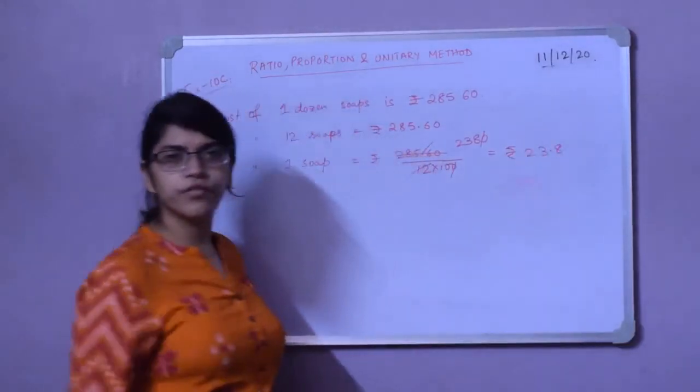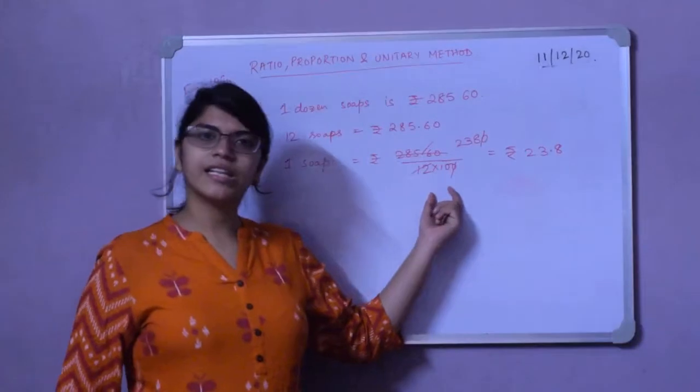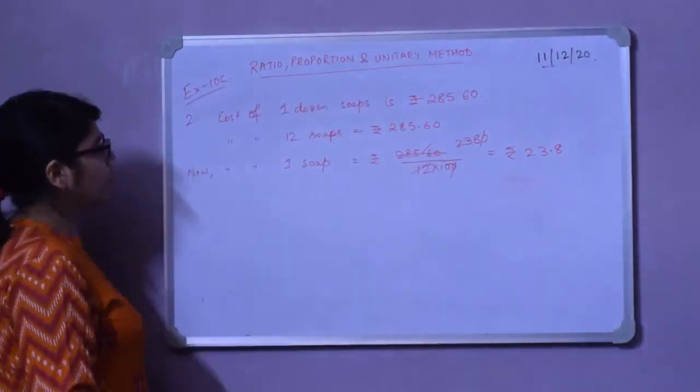One decimal place will shift because we have 10 in the denominator. Okay, so that is the cost of one soap.